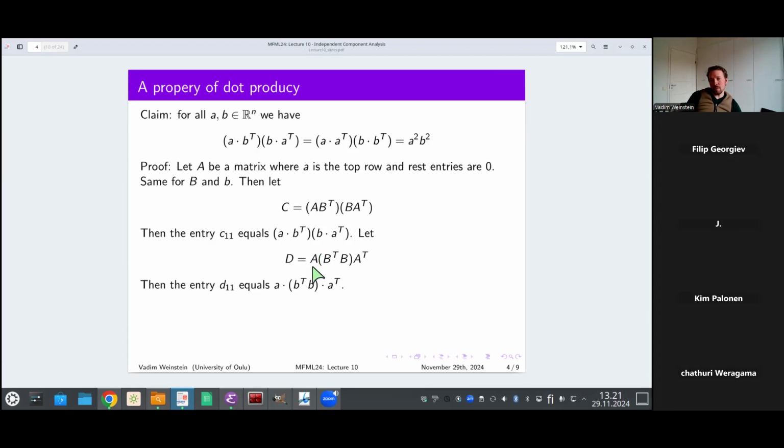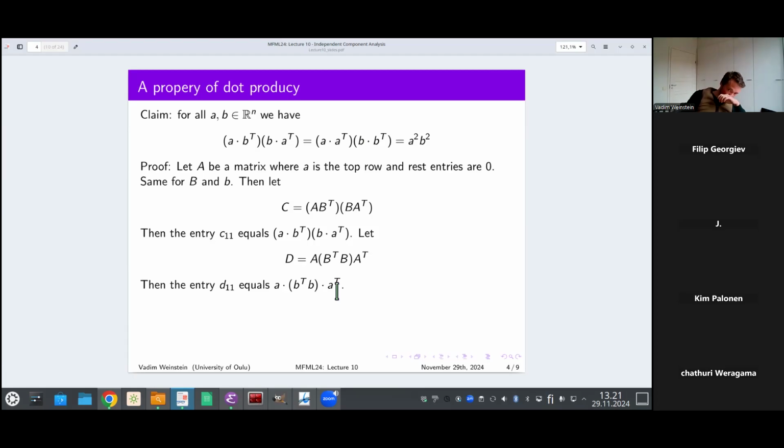Take another matrix D, where you multiply those same matrices like that. Now the leftmost topmost element of this matrix will be equal to this.